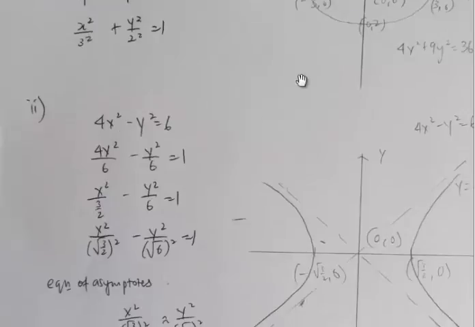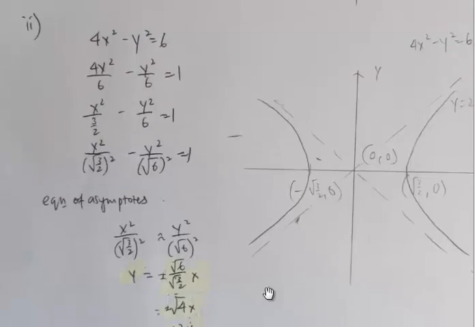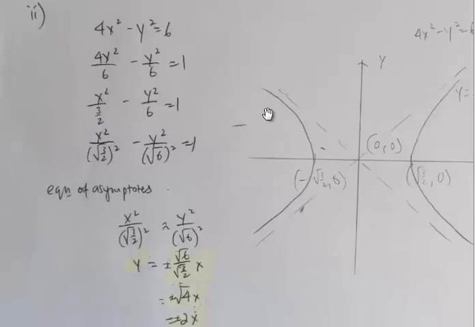For part 2, we sketch the curve of 4x squared minus y squared equals 6. You can see that for this equation, it will be of the form ax squared minus by squared equals 1. You can see a minus sign, which means that it is a hyperbola. So firstly, divide by 6 on both sides, we get 4x squared over 6 minus y squared over 6 equals 1. So x squared over 3 over 2 minus y squared over 6 equals 1.